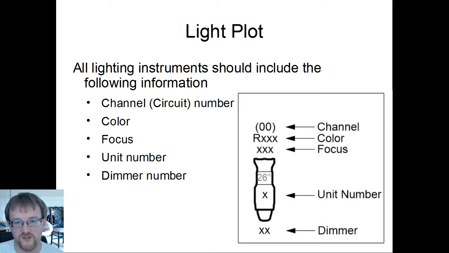Most of this information you can put in the color and the focus is already defined by your color key as you go through and make all of that information. The dimmer, for the purpose of the competition, is sort of irrelevant as long as it has a number. And then we'll talk about channels when I go through the examples and actually make a light plot, and it'll make a lot more sense.